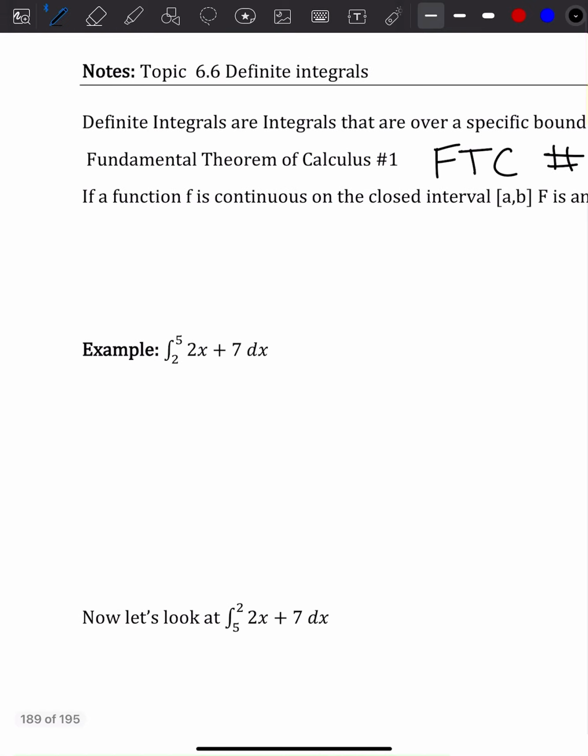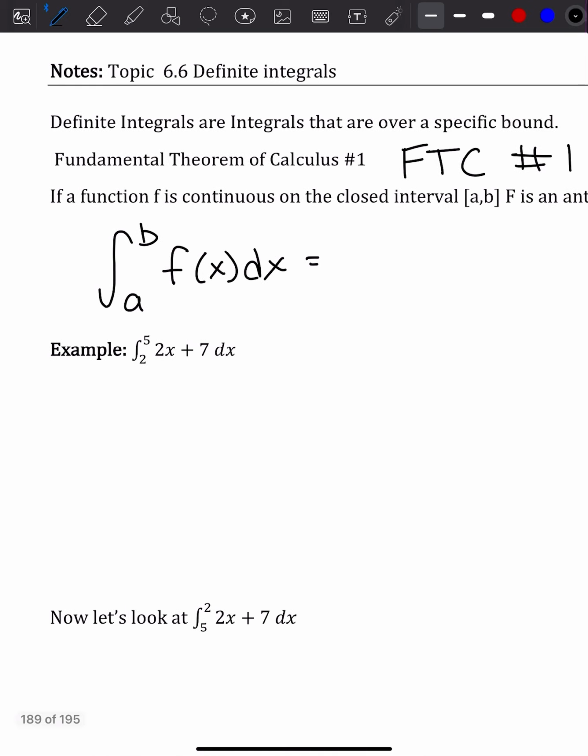If we have the integral from a to b of our function f with respect to x, so we're taking the integral from a to b of f of x dx, this is going to be equal to the antiderivative, capital F, evaluated on the interval a to b.